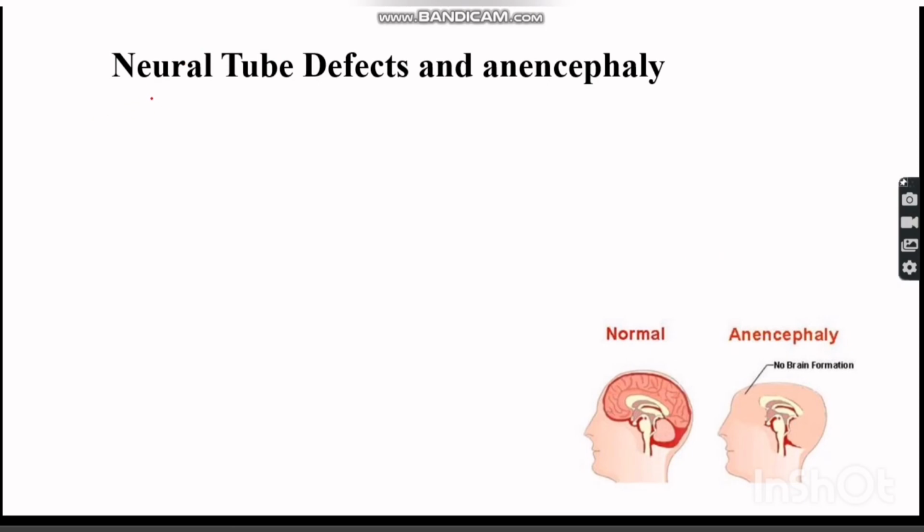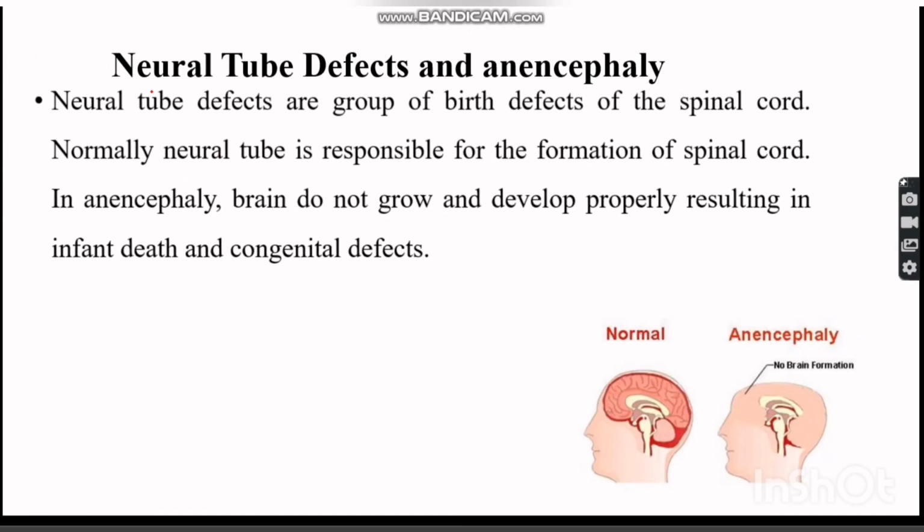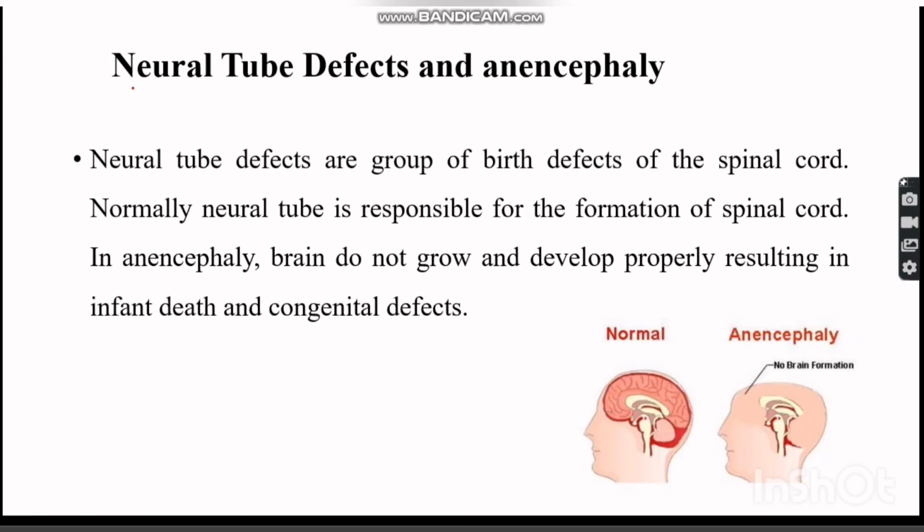So as I told you, the folate cycle is involved in normal fetal growth and development. So if methylene tetrahydrofolate reductase is not working properly or some vitamins are not working properly, then obviously there will be growth and developmental issues, which lead to neural tube defects and anencephaly. Neural tube defects are birth defects of the spinal cord.